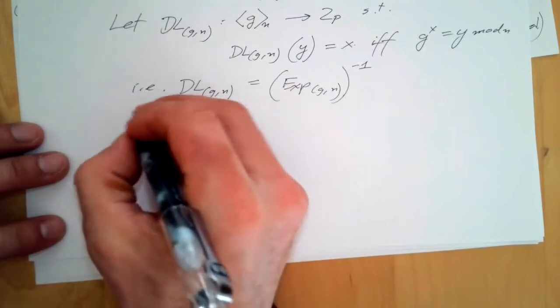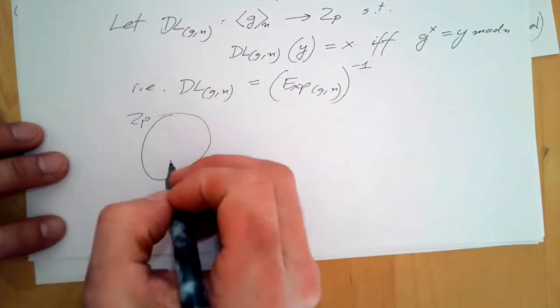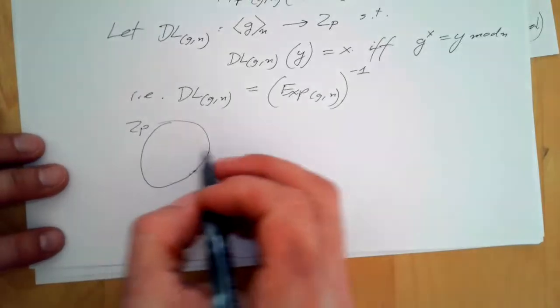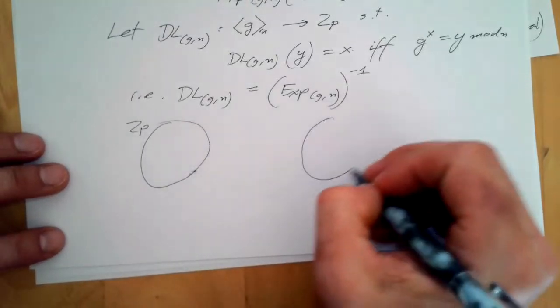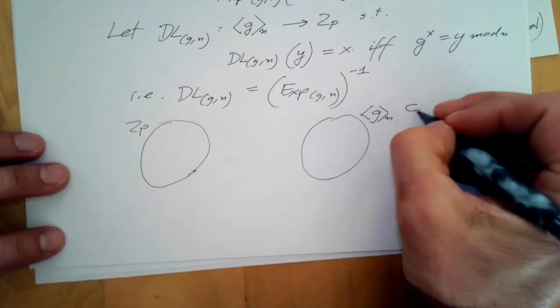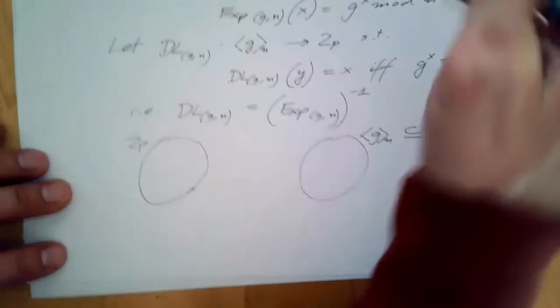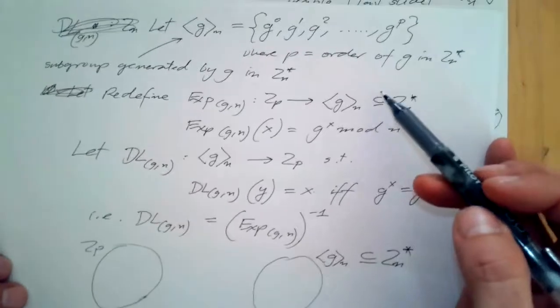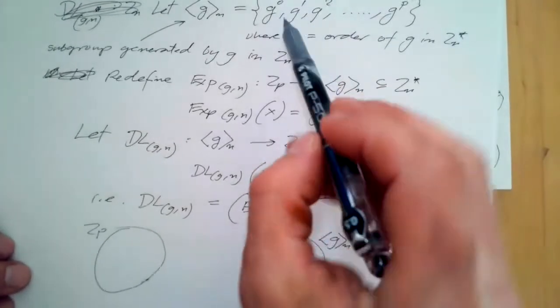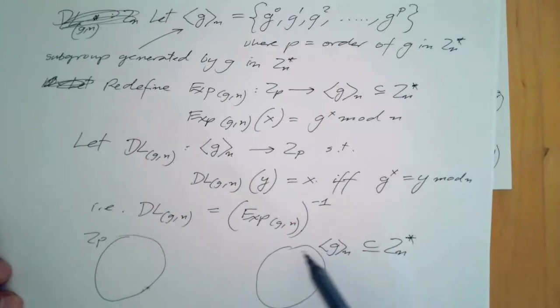So pictorially, here is Zp, all the remainders mod p, and here is this subgroup, which is some subset of Z star, generated by the powers of g. Perhaps it's the whole Z star.